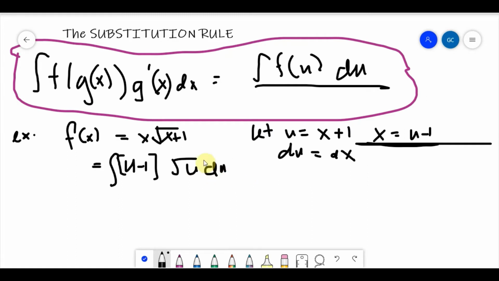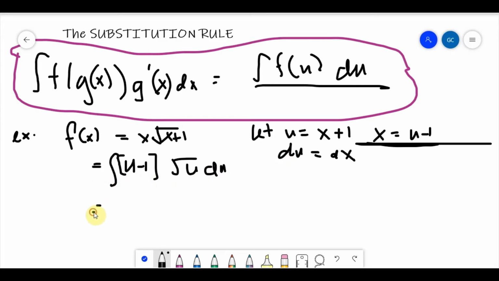Now, do not forget to write du, because it is a variable in the expression, and du in fact has a value in this problem. That's why du, dx, dy, dt, d theta is very important to include in the problem. Otherwise, you will be marked wrong by your teacher.